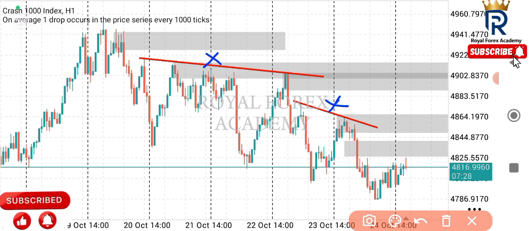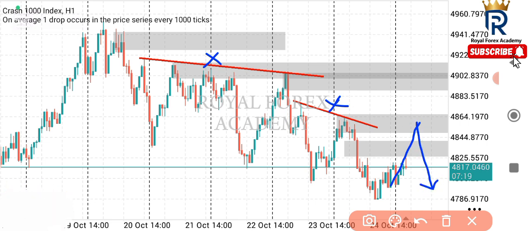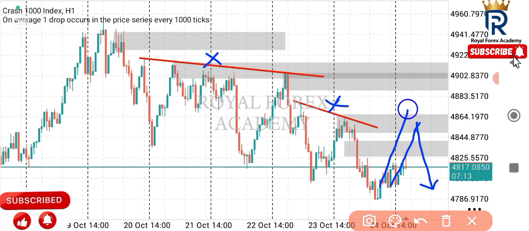So mind you, price will pull into this order block, and we were expecting price to drop. But price can decide to break through this order block, why? Because of this liquidity. So price can choose to pull all the way to this upside in order to take away this liquidity, then mitigate this order block and begin to sell.